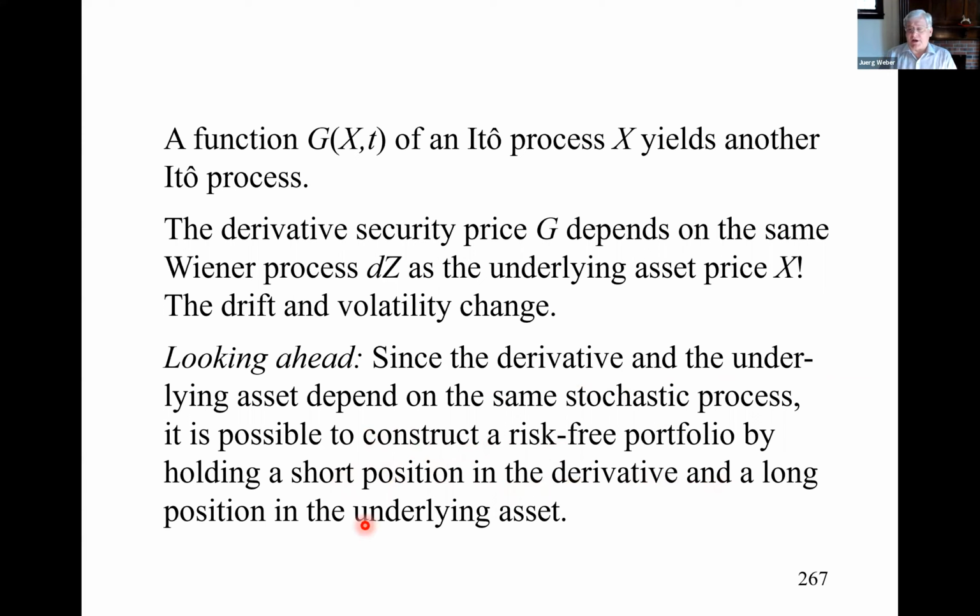You see, both are dependent on the same shock. And so if we buy the correct amount as a short position and the correct amount as a long position, then the two positions will cancel out. But this we will see later on.